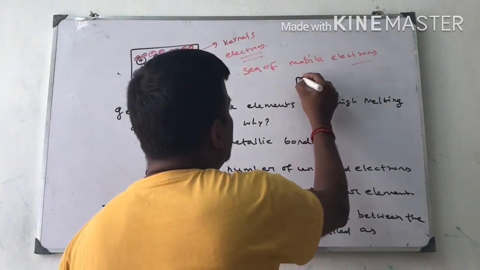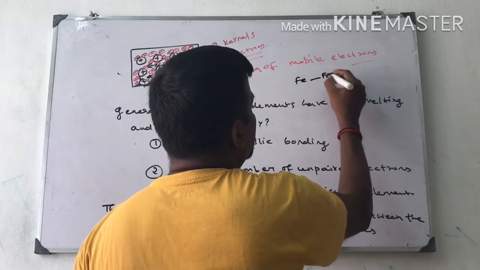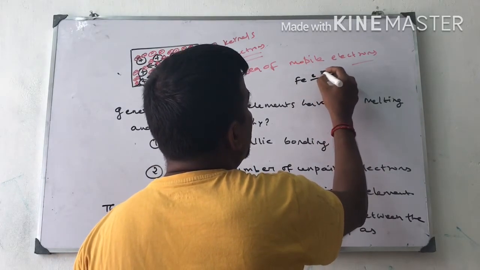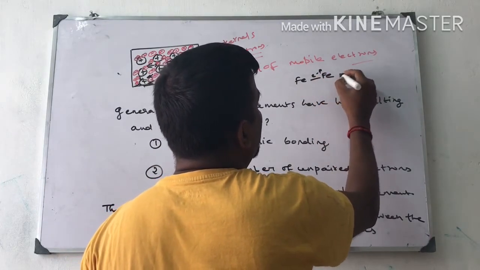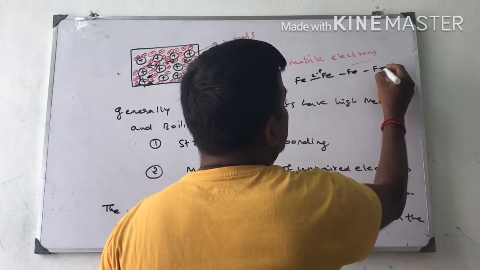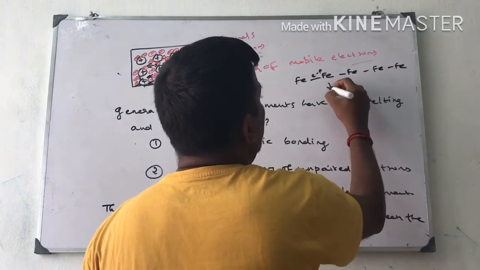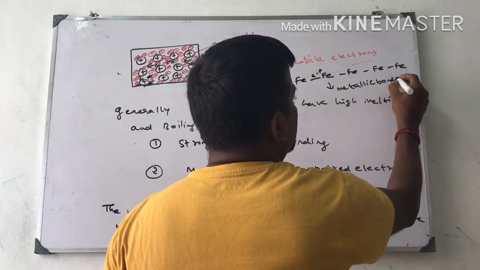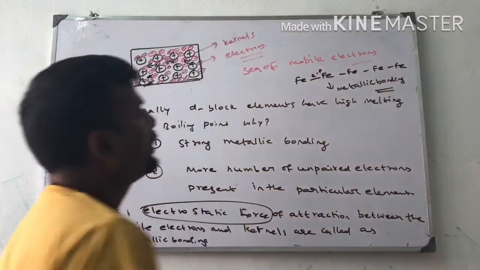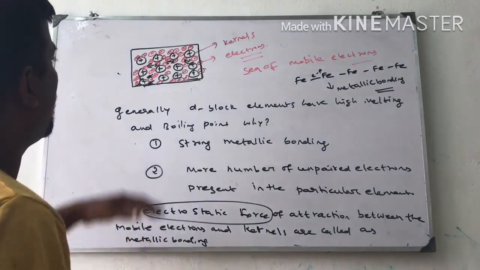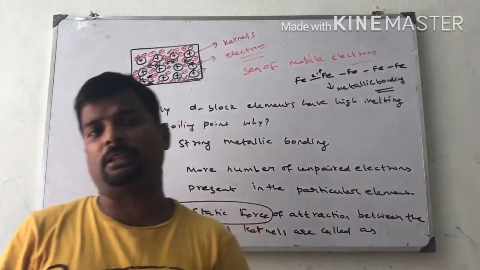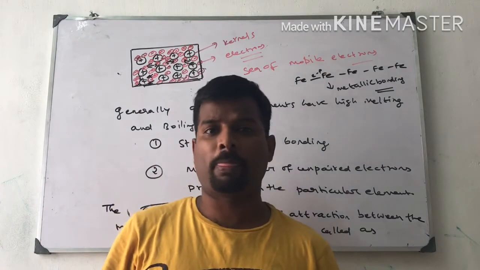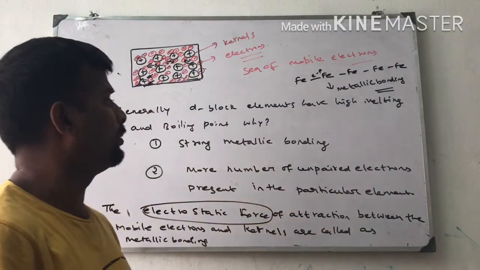Here is the electron-proton attraction, and here the ion. That is metallic bonding. So metallic bonding takes place only with the help of the mobile electrons and the kernels. That is responsible for the metallic bonding.